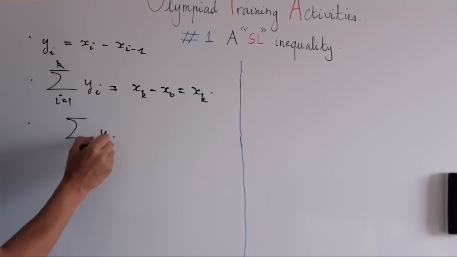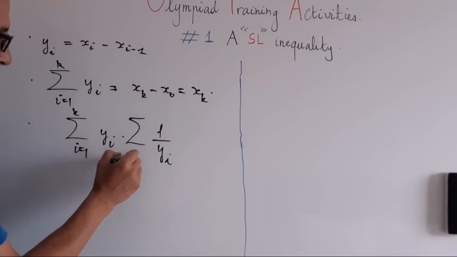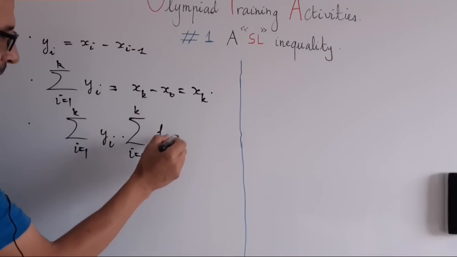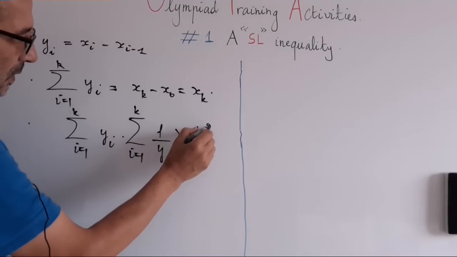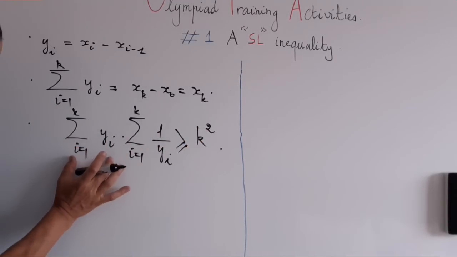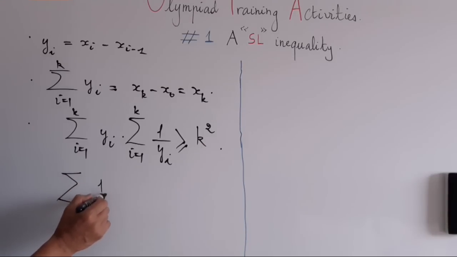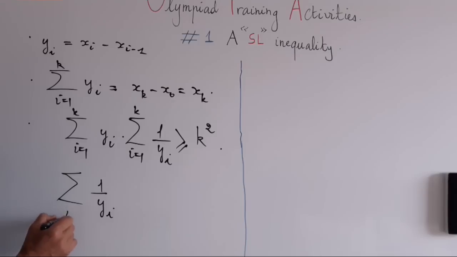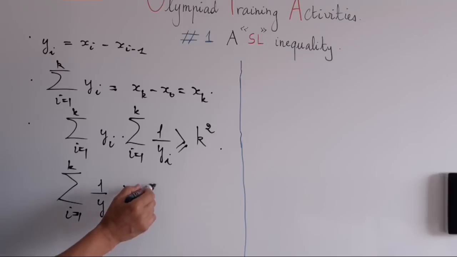So, times, it's classical that this is greater than k square. So, by dividing by this term, we will find greater than.